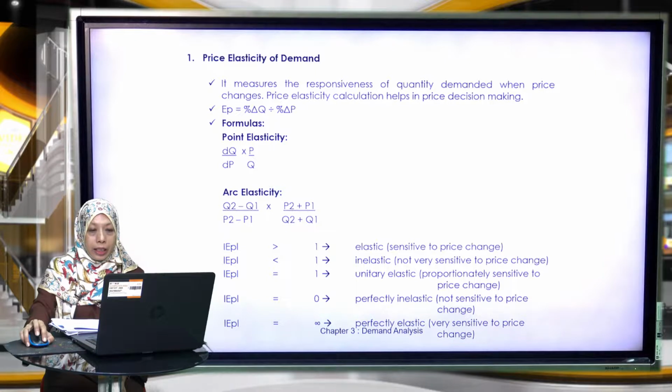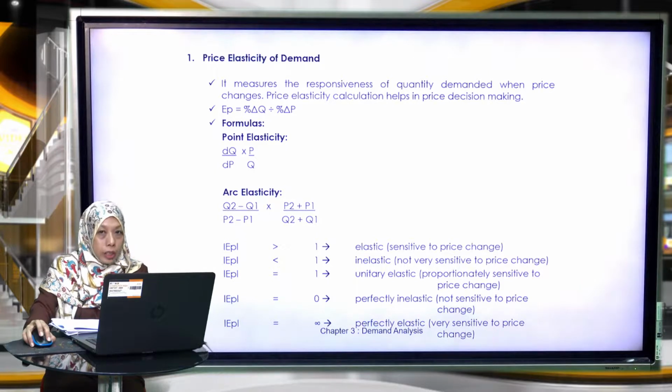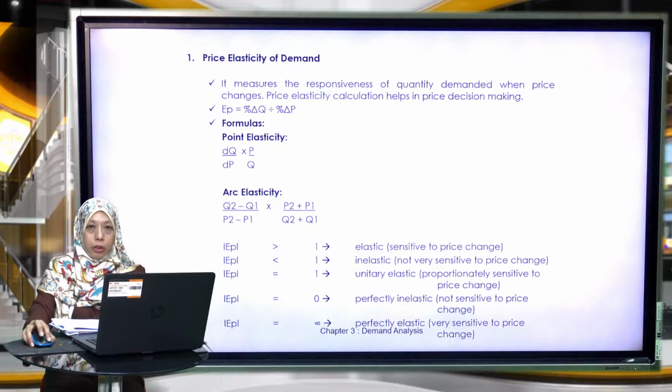When you calculate elasticity of demand, you're going to get a number which is always negative. The negative sign signifies that there is always a negative relationship between price and quantity demanded. So whenever you want to interpret the coefficient that you get, we will always ignore the negative sign, or in other words, focus on the absolute value.